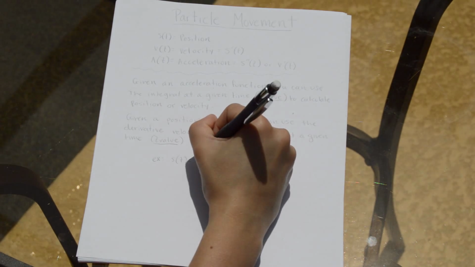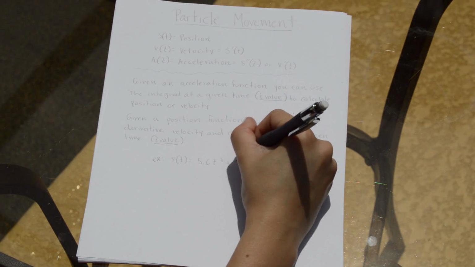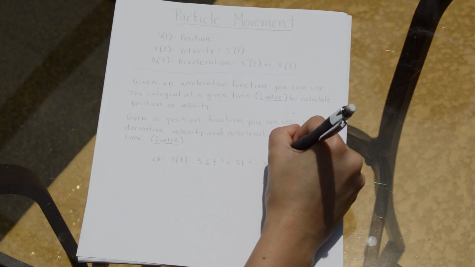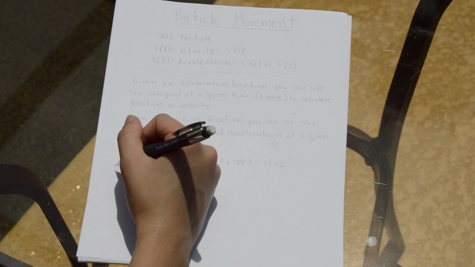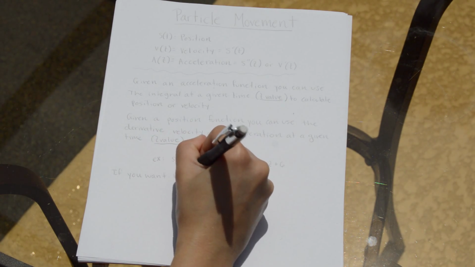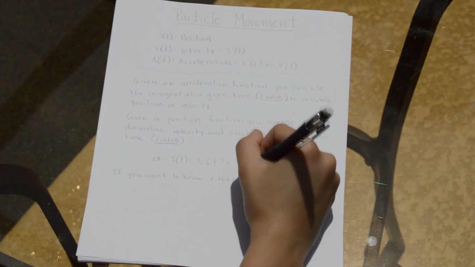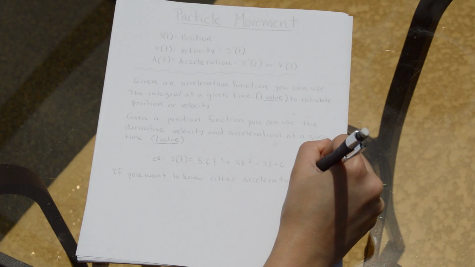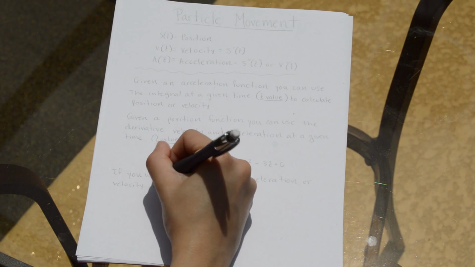For example, s of t equals 5.6 t cubed plus 2t squared minus 3t plus 6. If you want to know either acceleration or velocity, you should use the second or first derivatives respectively.